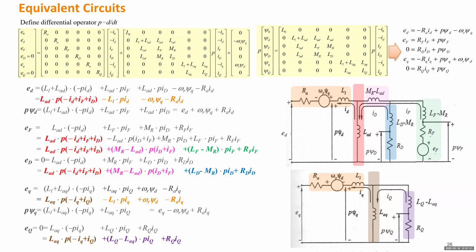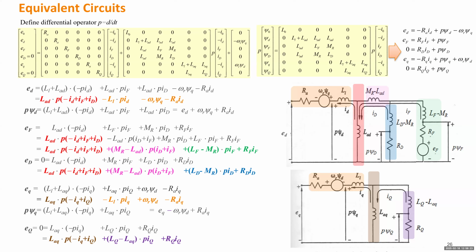At the end of last lecture, we started from the voltage and flux equations. We tried to put all the currents which are flowing through the LAD into the same term, so that can be modeled by the same branch in the circuit. Similarly, we put everything involving the LAQ in the same branch.